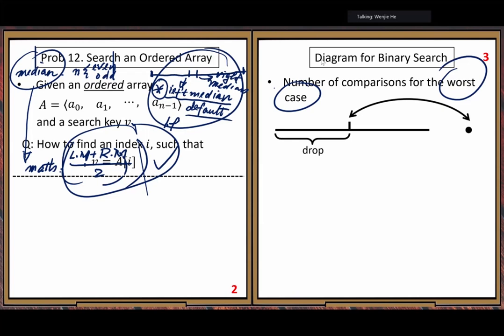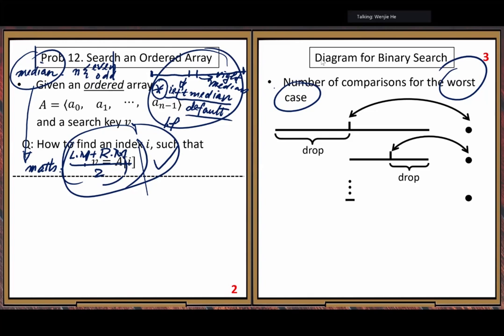After the first comparison, you drop approximately 1/2 of your data. May not be exactly, but approximately 1/2 of your data. So our data size is reduced by 1/2 after the first comparison. Then, after the second comparison, we reduce another 1/2. And we keep doing comparison.